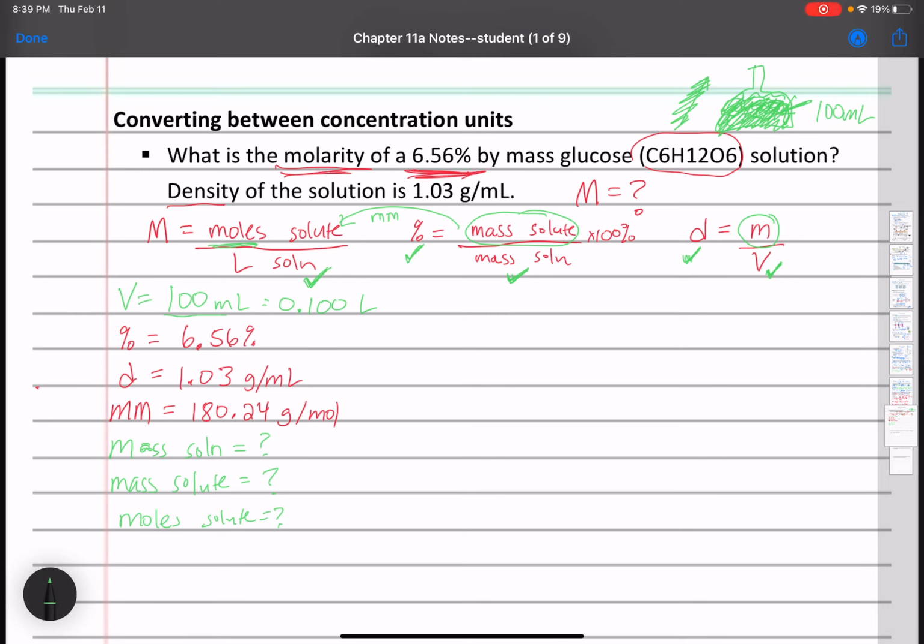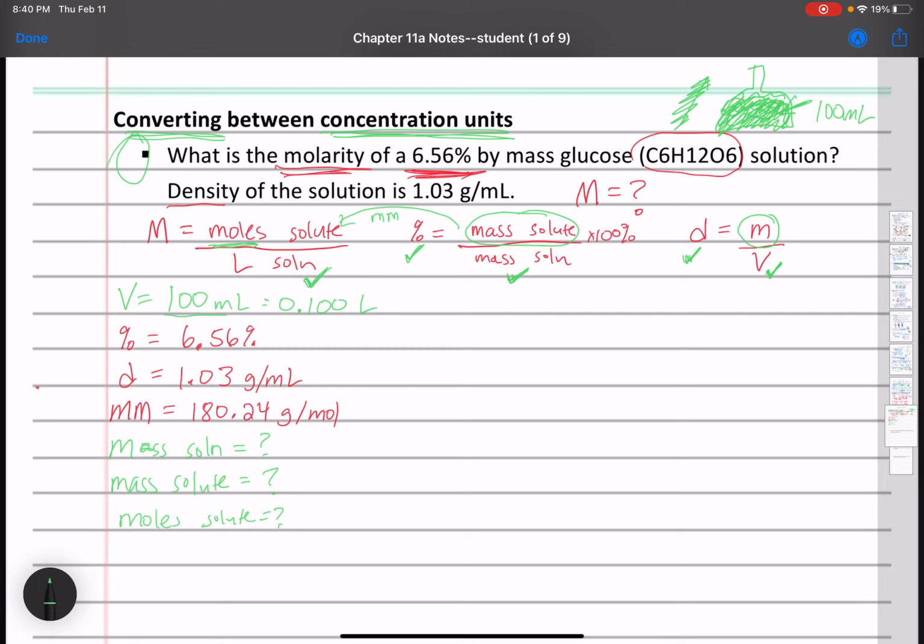You can do that, and oftentimes need to do that, to solve concentration problems, but only when you're converting between concentration units. The reason we can do that is because it doesn't matter what the volume is, that's not going to change the concentration of the solution.